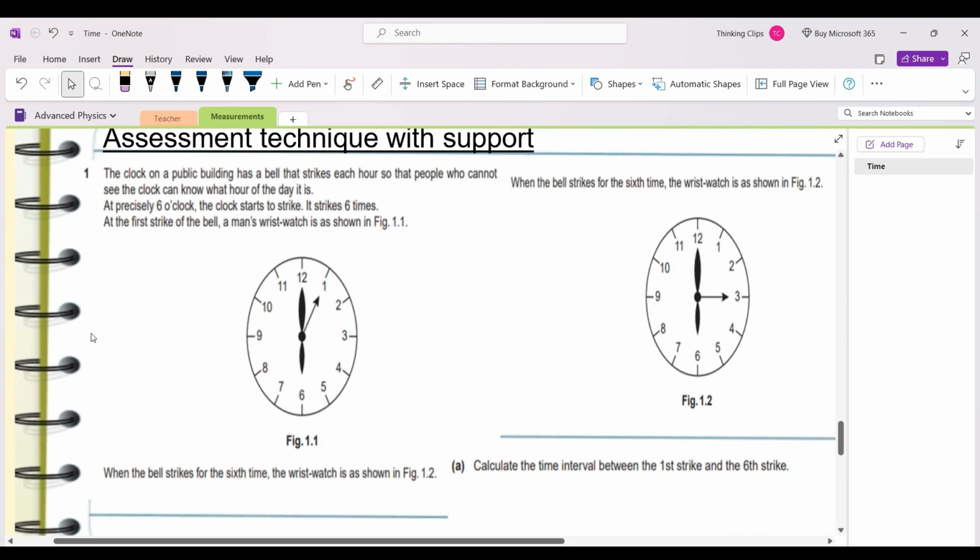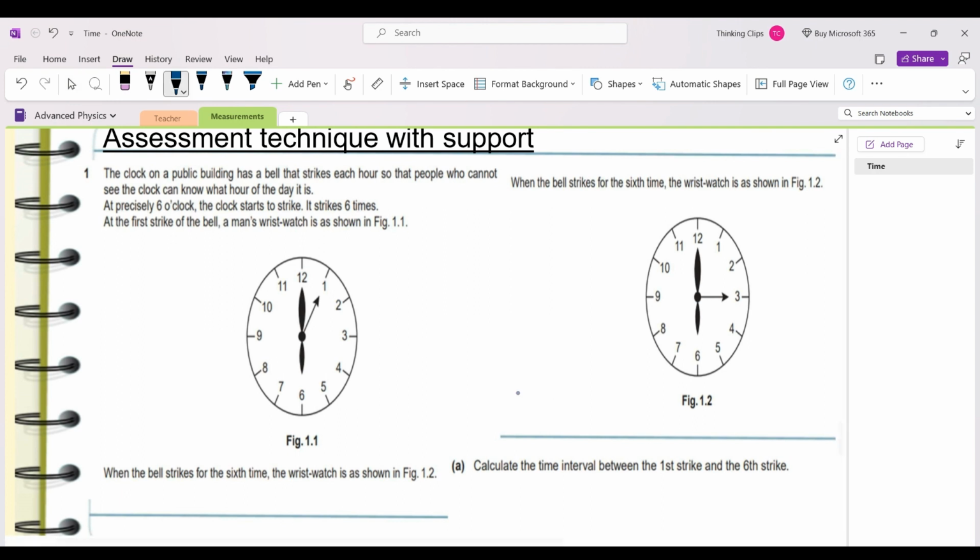It says the clock on a public building has a bell that strikes each hour so that people who cannot see the clock can know what hour of the day it is. At precisely 6 o'clock, the clock starts to strike. It strikes 6 times. At the first strike of the bell, a man's wristwatch is shown. When the bell strikes for the 6th time, the wristwatch is shown as in figure 1.2.